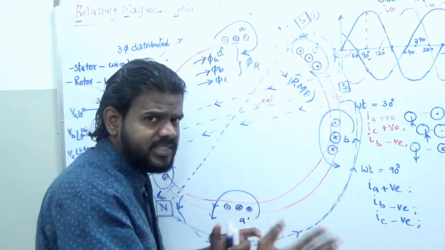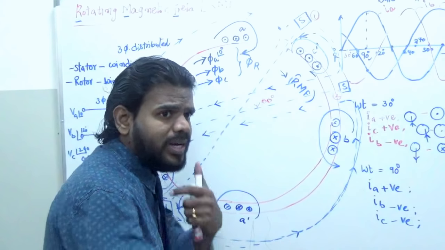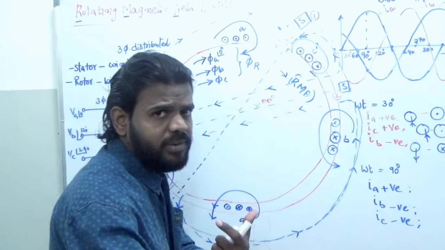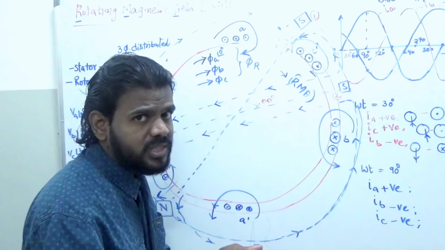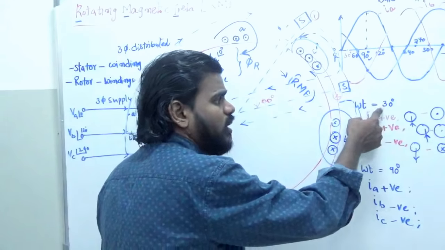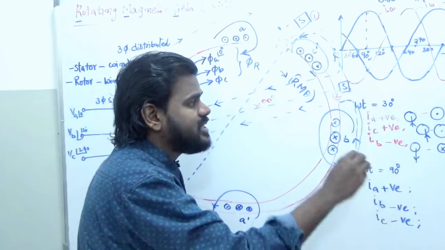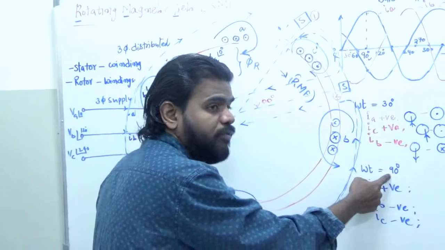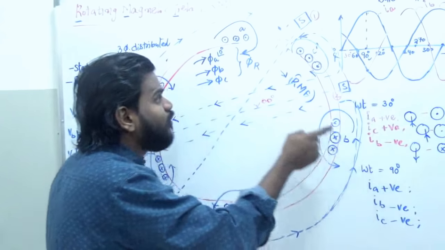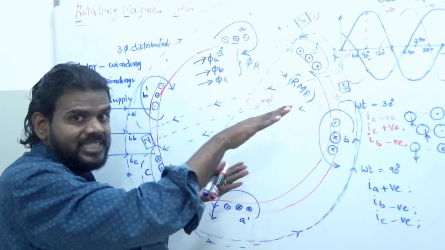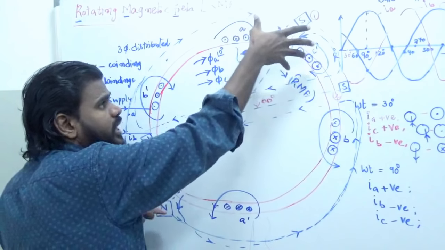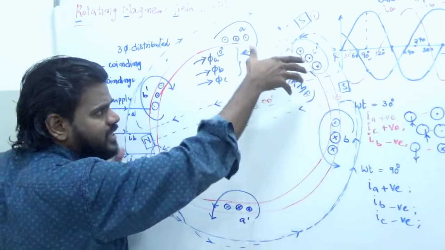If you convert 360 degrees into 20 millisecond, then 90 degrees is 5 millisecond, and 30 degrees is 1.66 milliseconds. So after certain milliseconds, let's say at 5 millisecond, you would find the magnet which was seen this way is shifted.